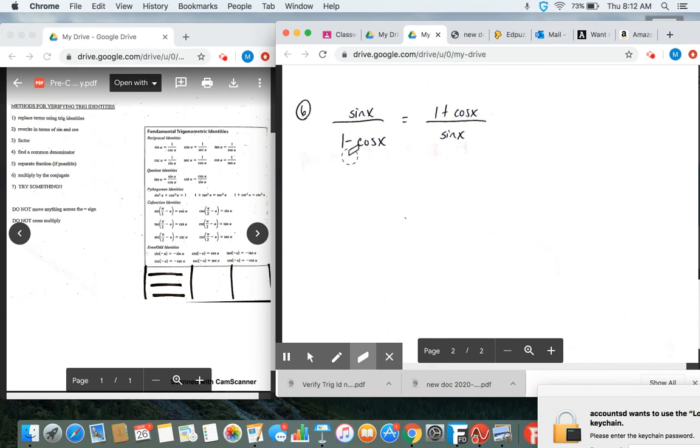You'll notice this 1 minus isn't cosine squared x, so I'm not thinking Pythagorean identity. All the Pythagorean identities are all squareds. This is not. So we're going to multiply by the conjugate. The conjugate is the same thing, different sign, which would be 1 plus cosine x.